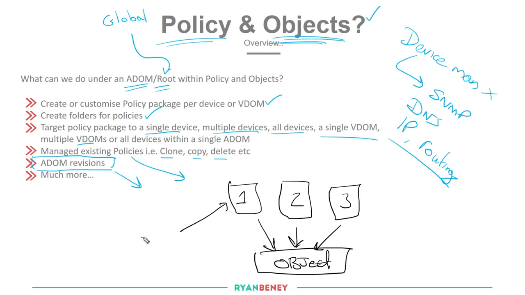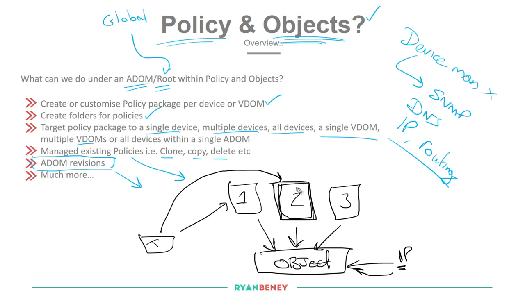Now that may not seem like an issue to begin with, but let's say for example policy package 1 is currently set on a FortiGate device, and we've decided that we're going to install a new policy package, but part of that policy package requires a particular object, let's say maybe a new IP range, to be added to a particular policy object that links to a policy within policy package number 2.